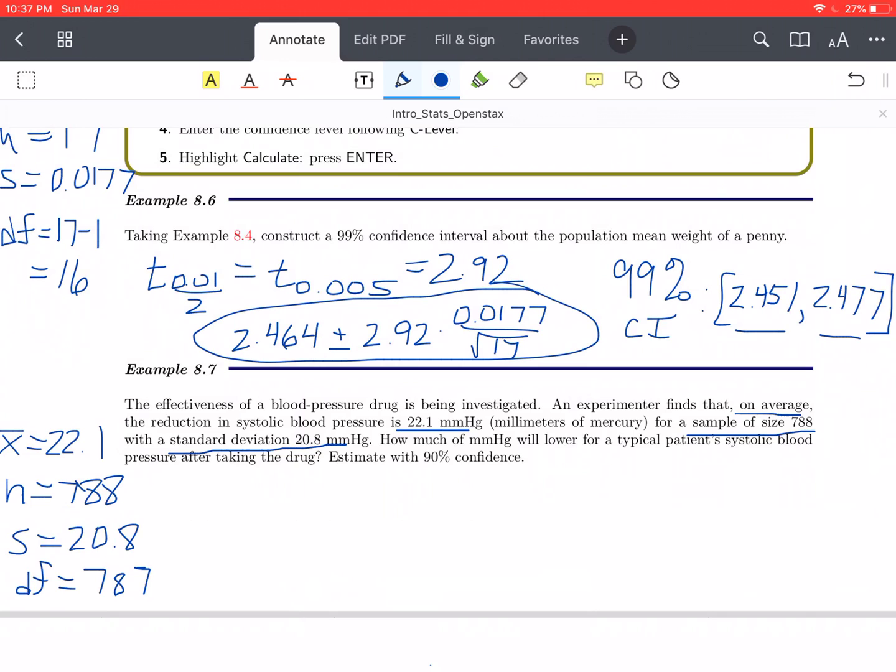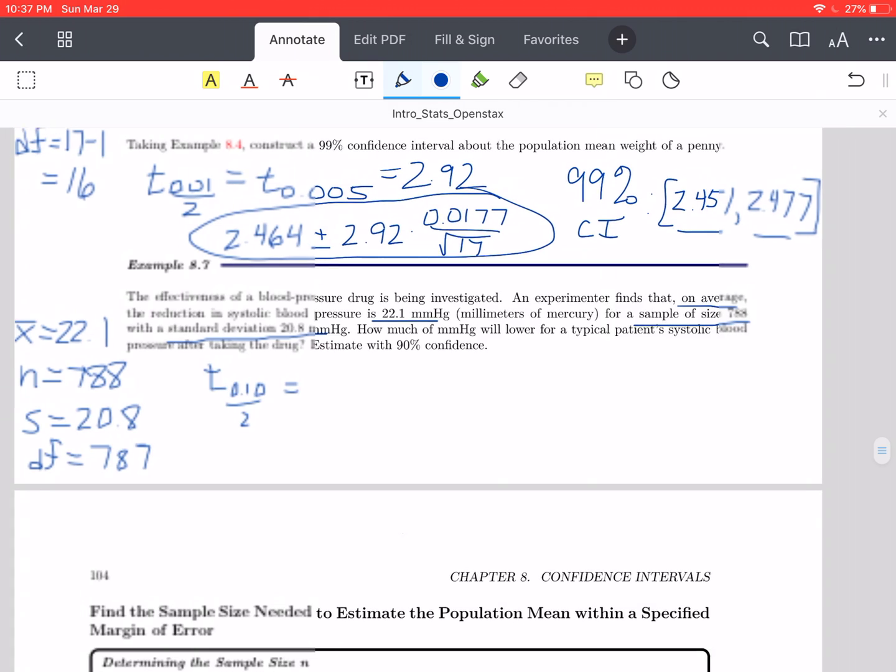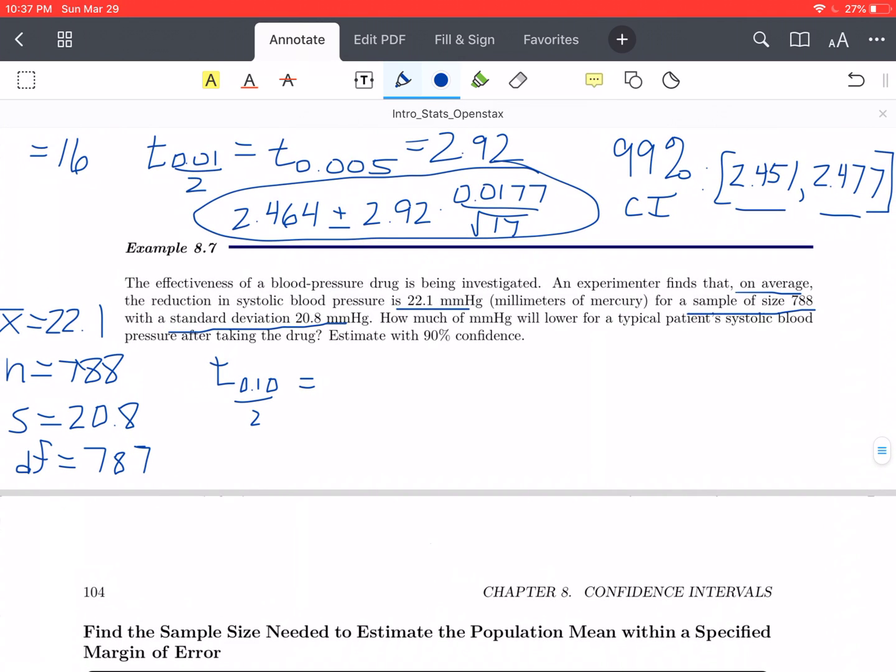So our T sub alpha value. We're constructing with 90% confidence, so that means alpha is the remaining 10%. So that's T sub 0.10 over 2, so that's T sub 0.05, with 787 degrees of freedom.